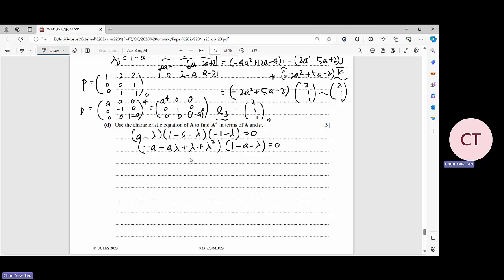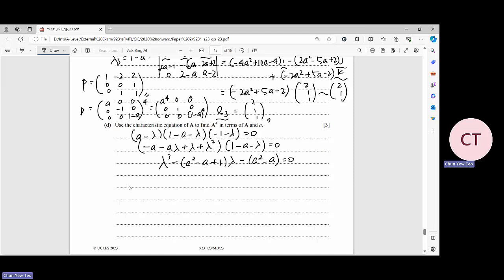To save time, I expand directly and give you the final result. We want to make the highest power positive. So at the end, you're supposed to get something like that if you expand them carefully.